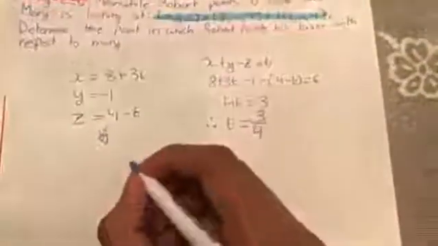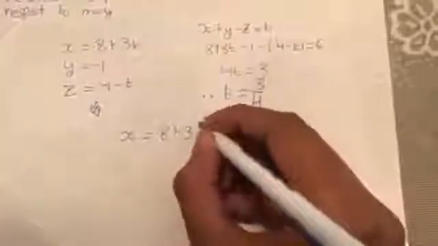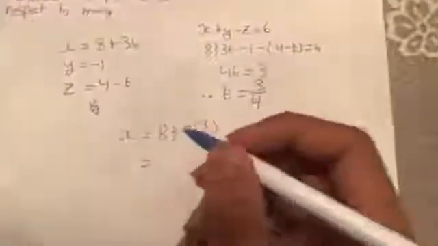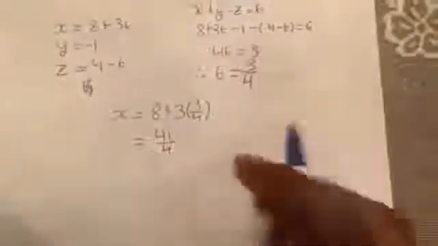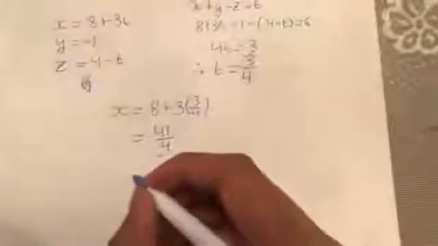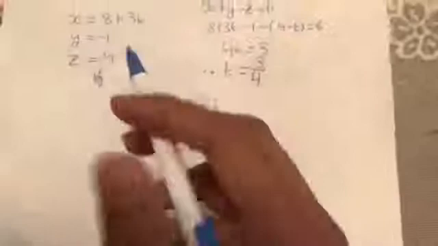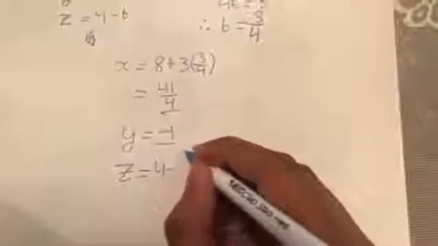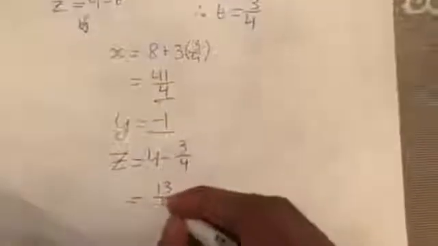For our x component, we'll have 8 plus 3 times 3 over 4, which will give you 41 over 4. We have y equals -1. There's no t value, so it'll just be -1. And finally, z equals 4 minus 3 over 4, which will give you 13 over 4.